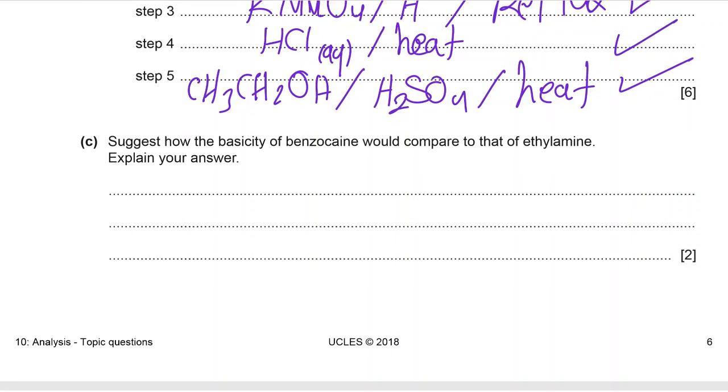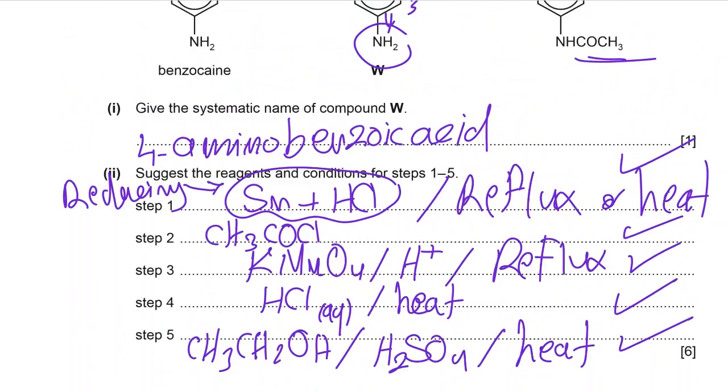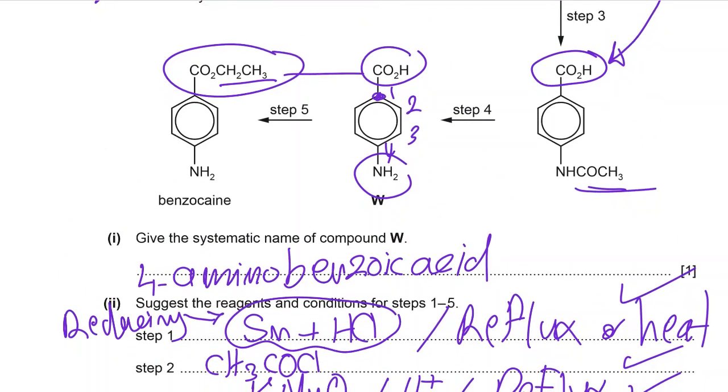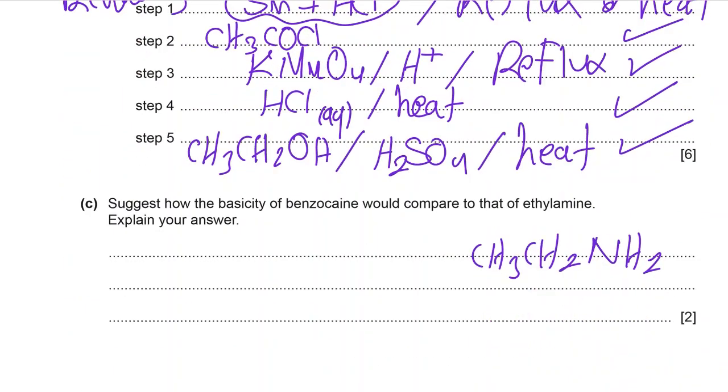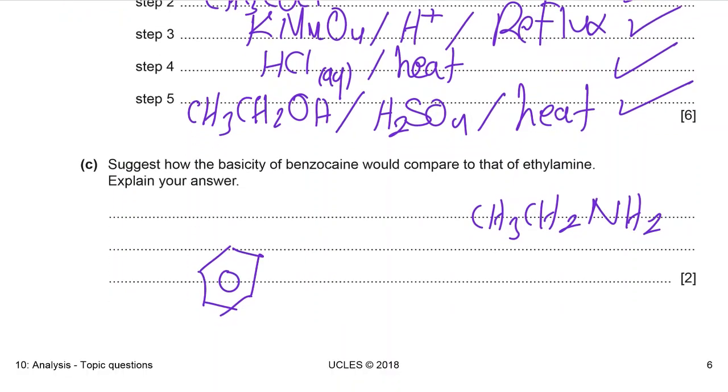So let's write the ethylamine, CH3CH2NH2, and benzocaine, this one, the last product, which is an amine with benzene, and here you have CH2CH3.